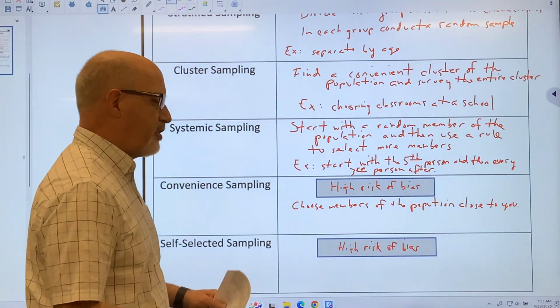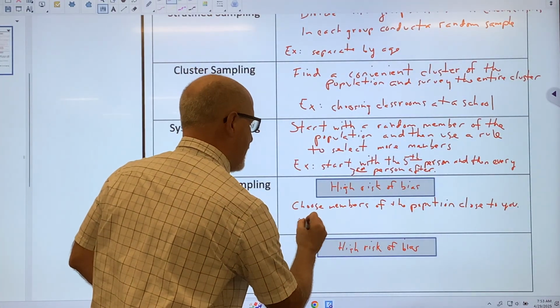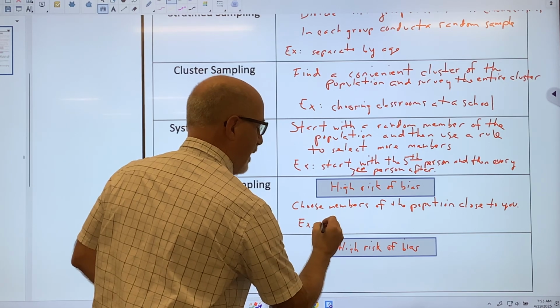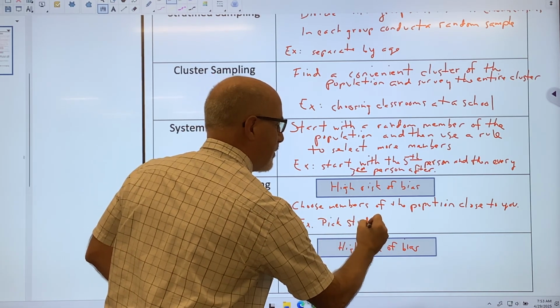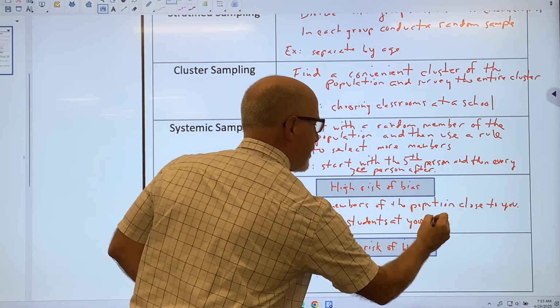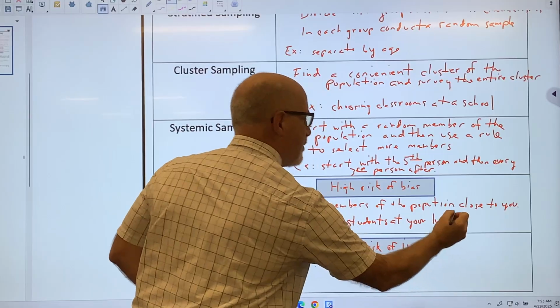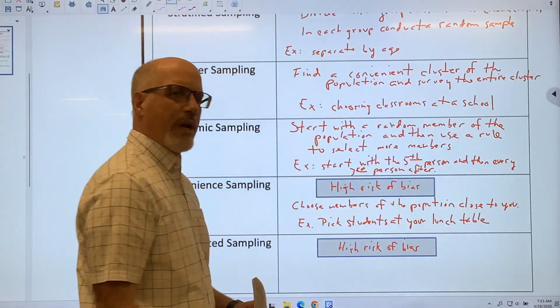You might just pick the students that are in your group, or pick students at your lunch table. Oftentimes these folks share a lot of characteristics, and so it's not very random.